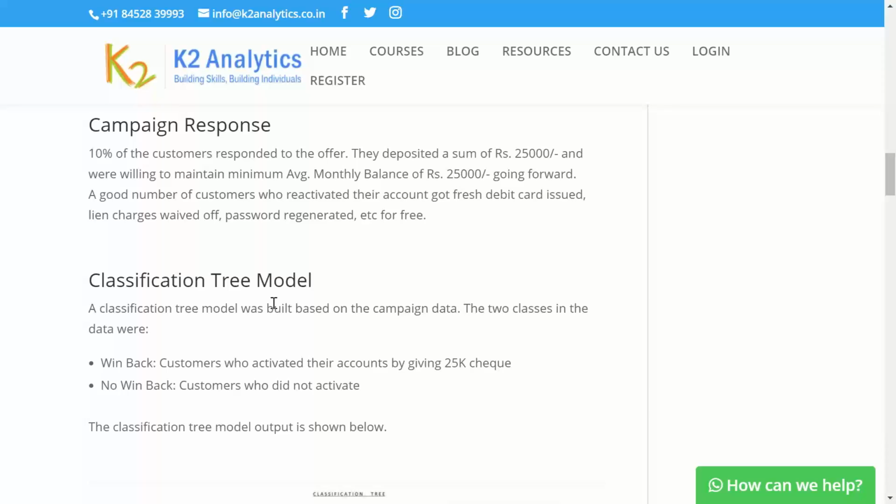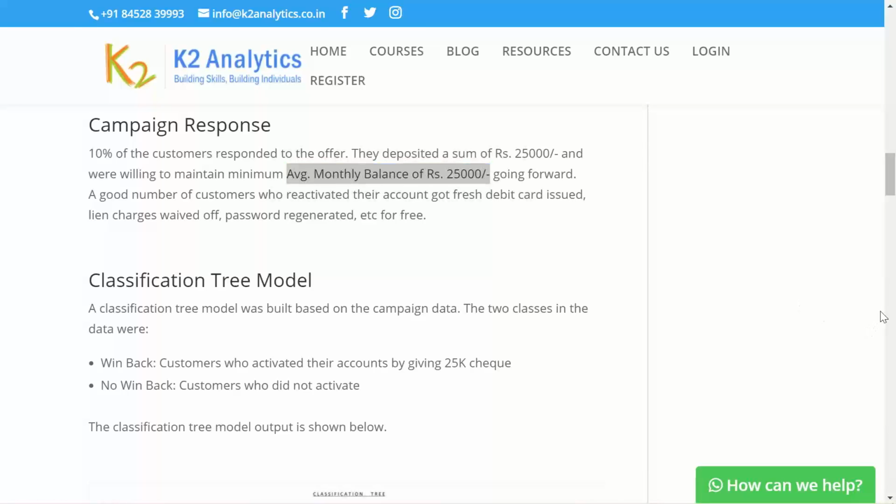Now, in this entire thing, what was the offer sent? Because if I'm dormant and you want to activate me, you have to give some offer to me. The offer was that the customer has to deposit a sum of rupees 25,000, and on an ongoing basis, the customer has to maintain an average balance of rupees 25,000.